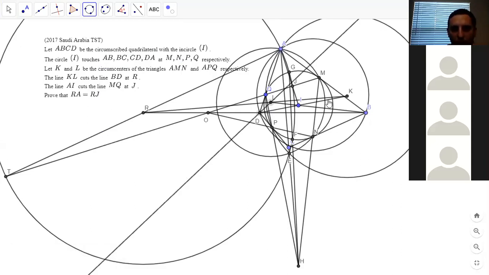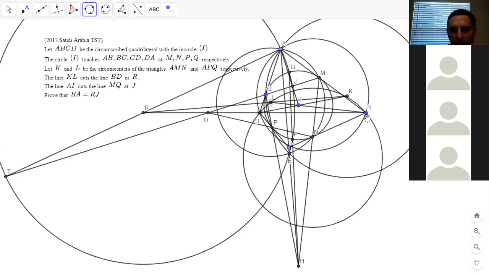Don't think this is cyclic, but it's worth checking. Yeah.